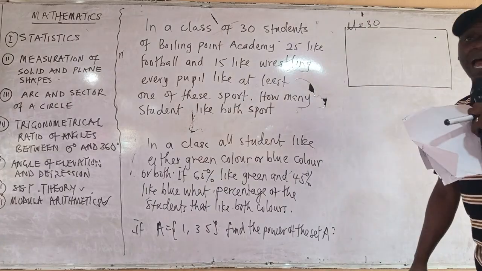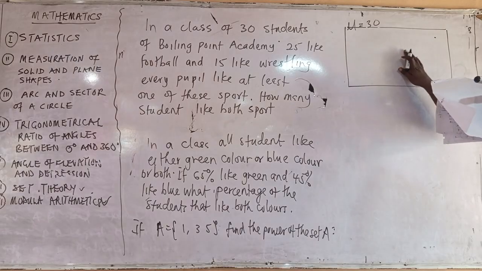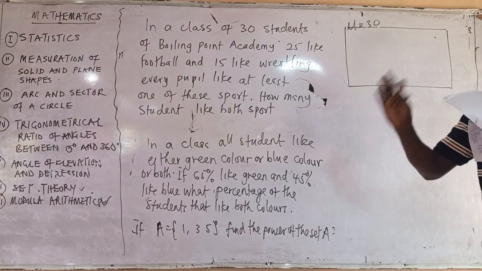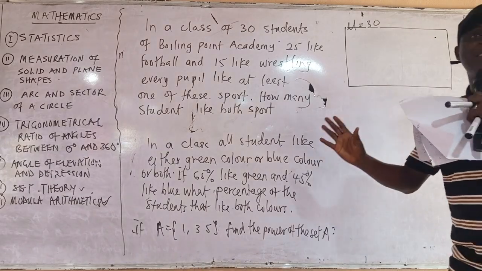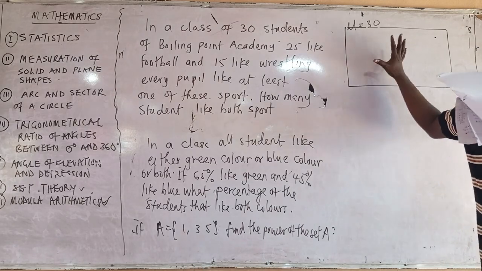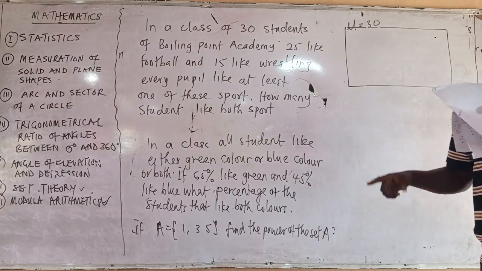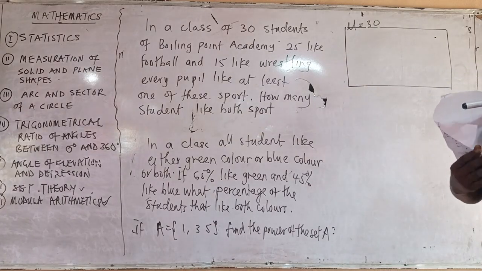How many students must be there? 30. That means total students in this one rectangle must be 30. So you can always checkmate your solution, whether you are correct or wrong. If I solve, I can check whether my answer is correct or wrong. So it is impossible for you to fail it.